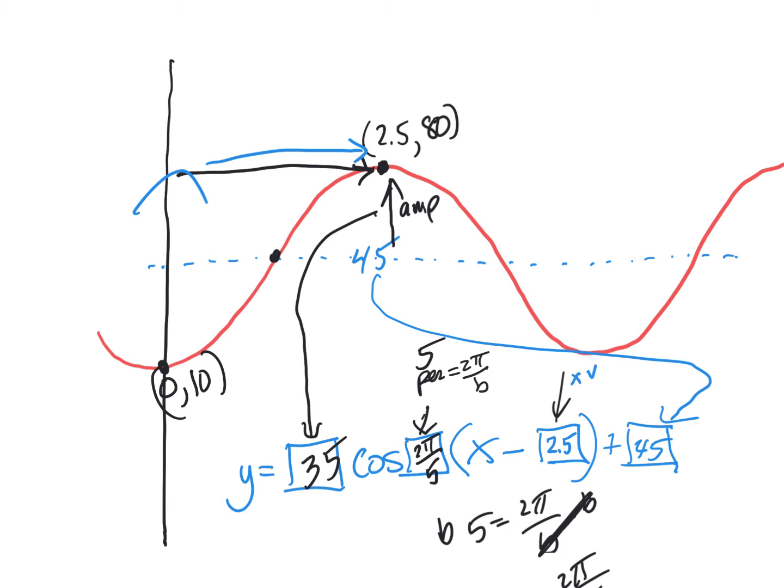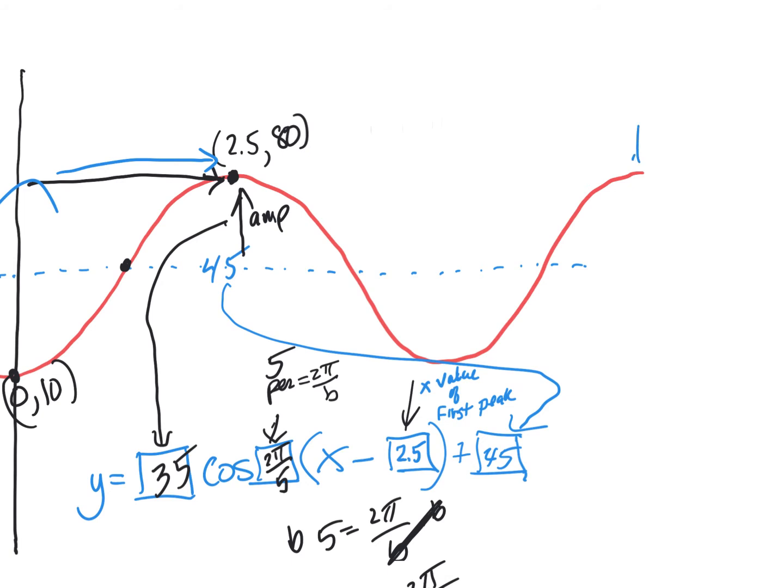This will be the x value of the first peak. You know, there's multiple high spots. Look, this thing's going to keep having high spots over and over and over again. But it'll be the x value of the first peak.